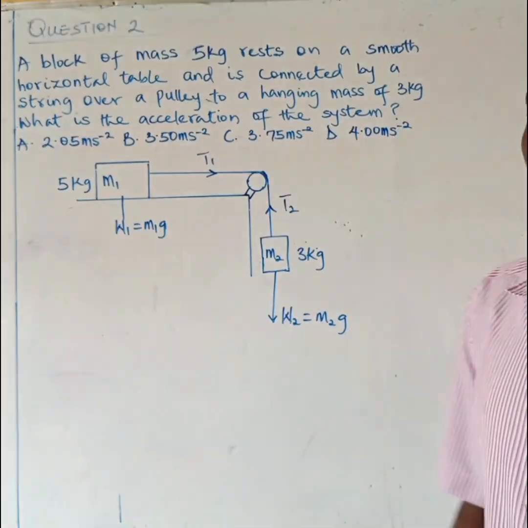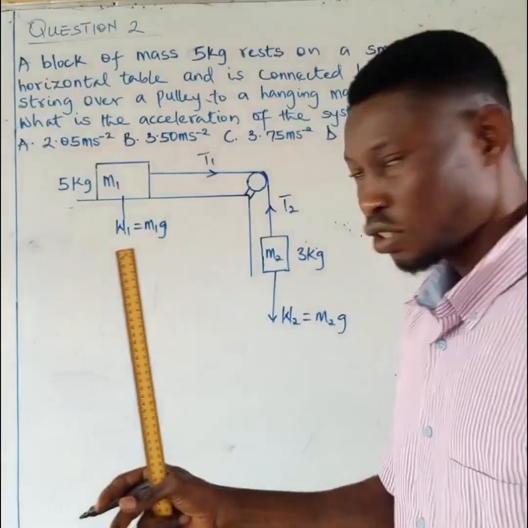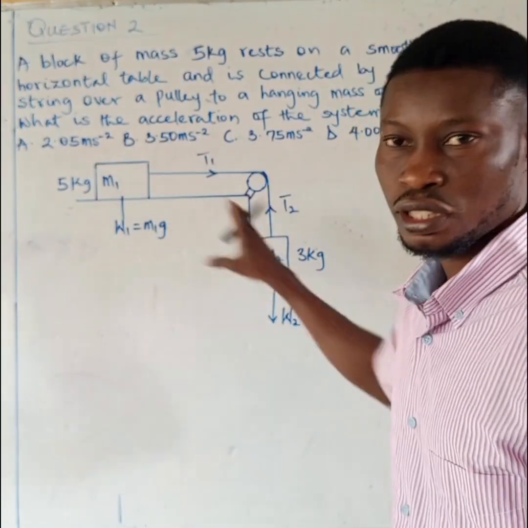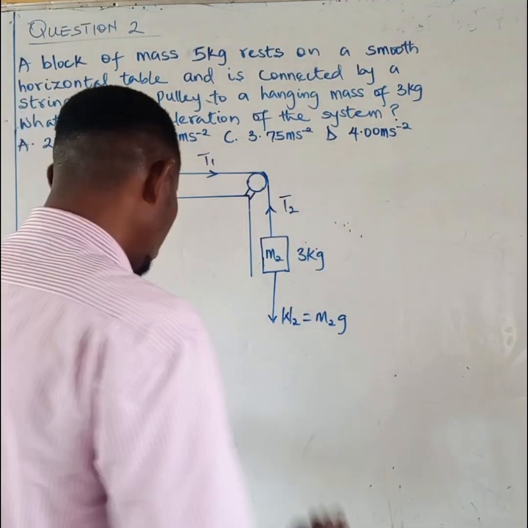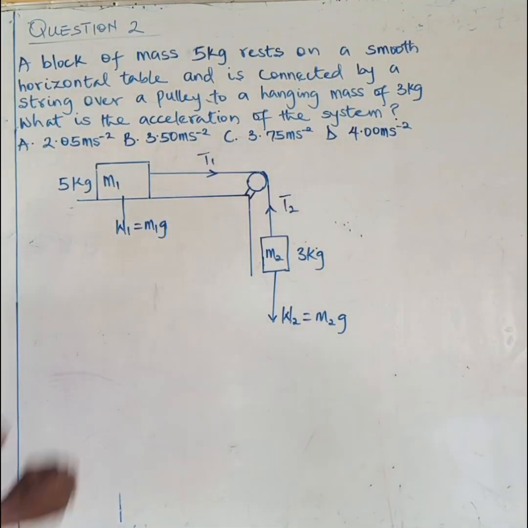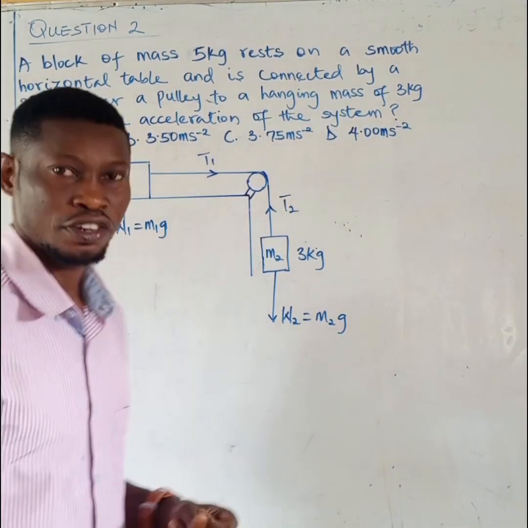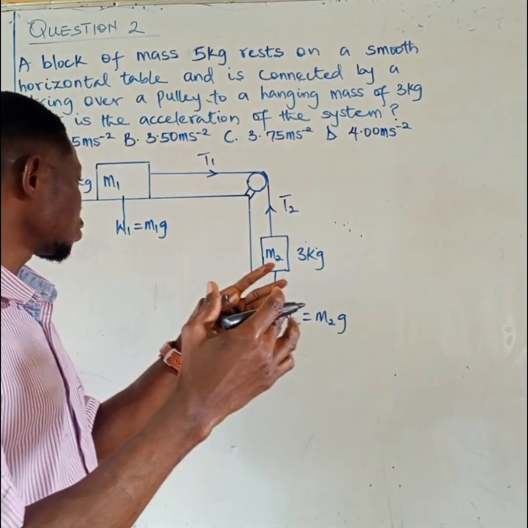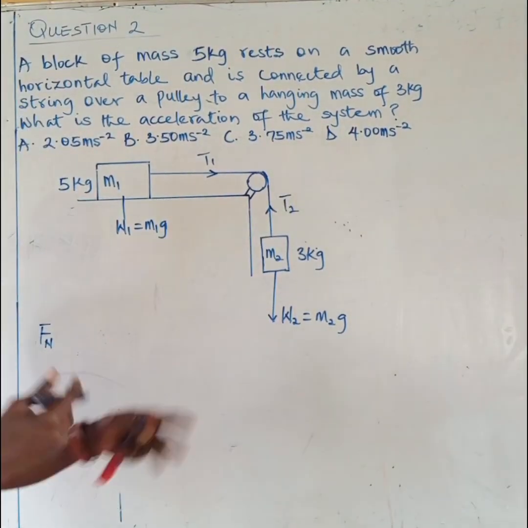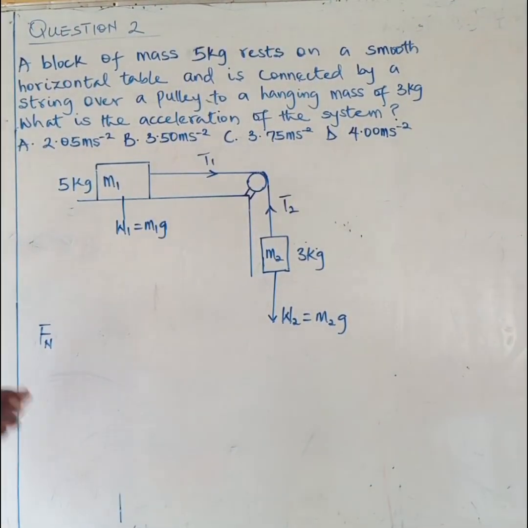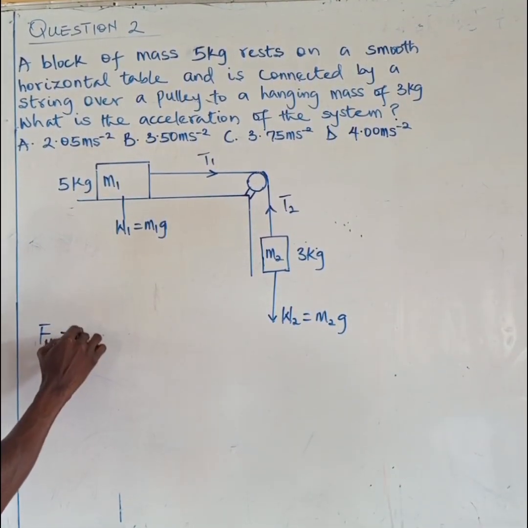So what we are going to do simply is to write the second law equation for both masses. For the first case, we have the net force, which results from two or more forces that act on the body. That unbalanced force is always called the net force. So in this case, net force is equal to MA.